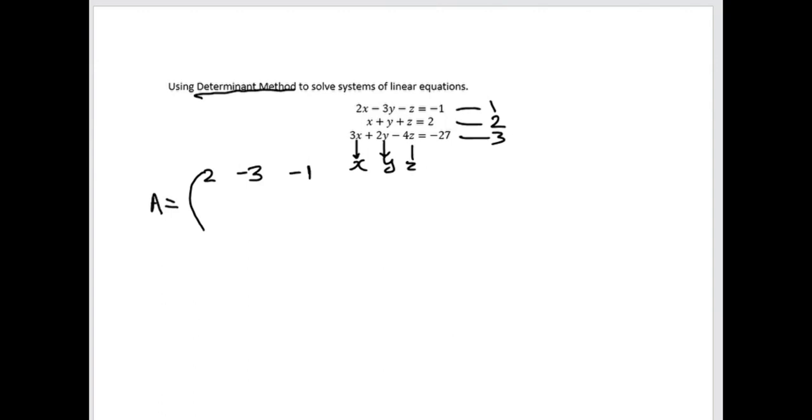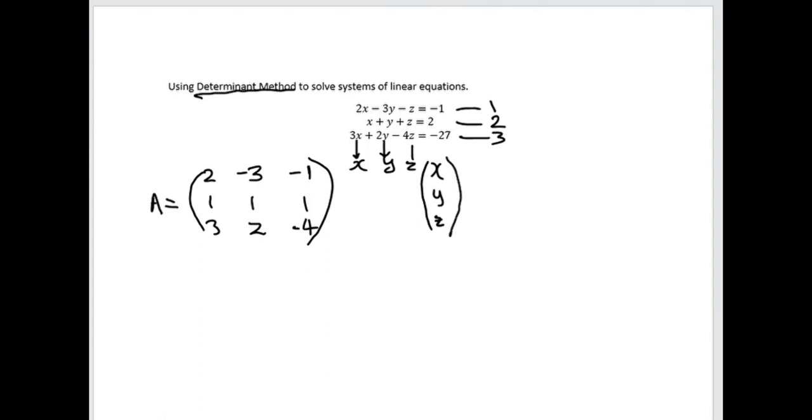Then in my second row I have 1, 1, and 1. Then my last row I have the coefficients 3, 2, and minus 4. So that's just what I need for matrix A. And then I'll have a separate column matrix for my variables that I'm asked to find the solution of: x, y, and z.